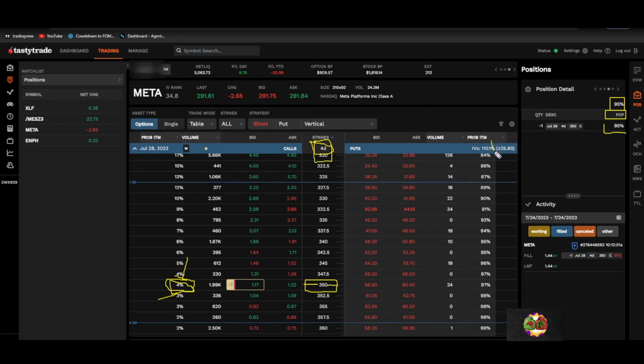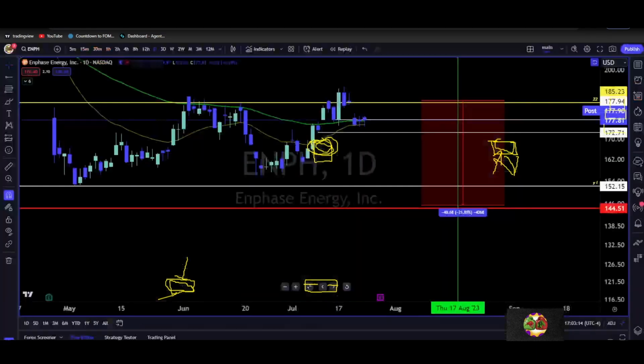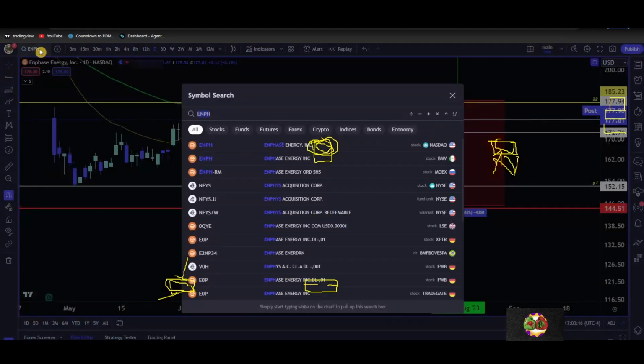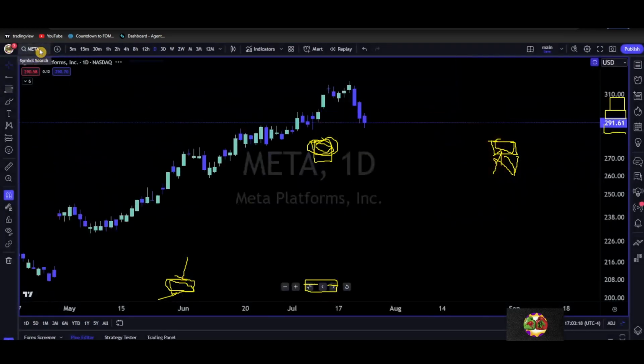So far, the options market, with the implied volatility and the amount of time left and all the other Greeks, is saying that Meta is going to move up or down $25.80 in 4 days. Let's go back over here to Meta.